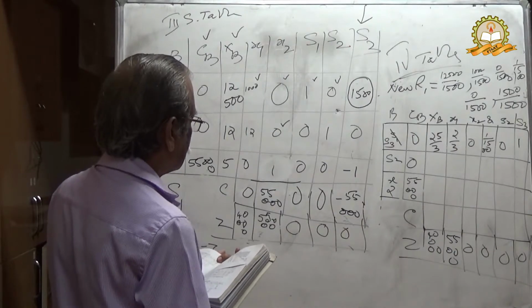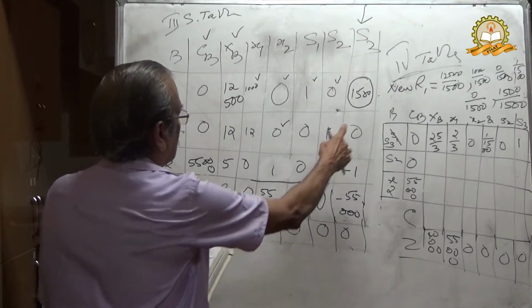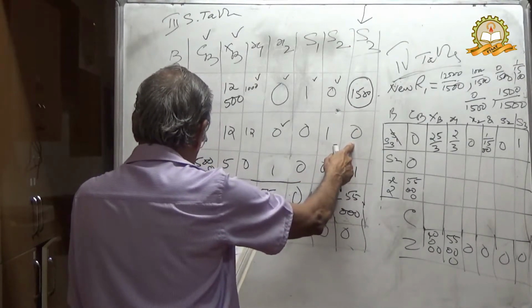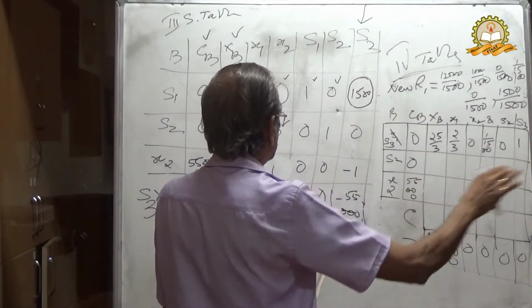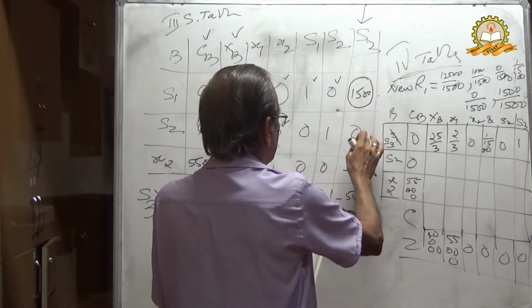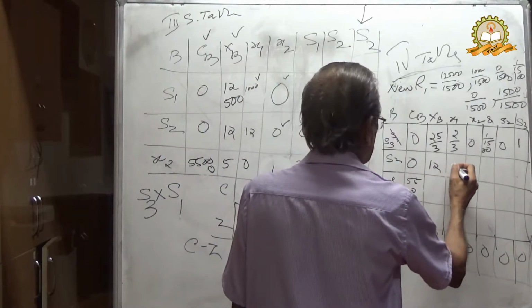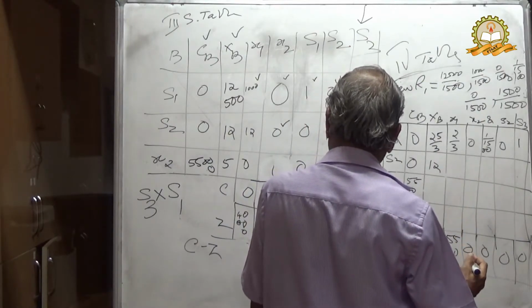Then in the second row, under S3 it is already 0, therefore no change in that. Already you have got 0, therefore 0, 12, 0.